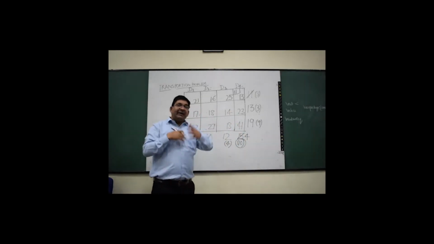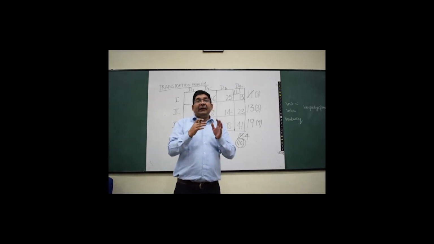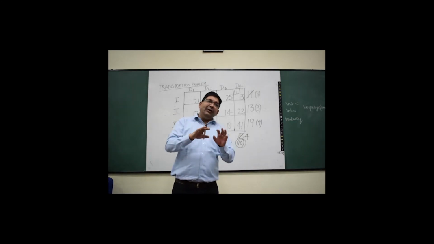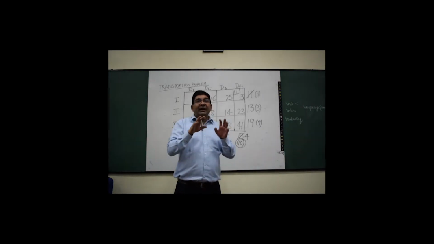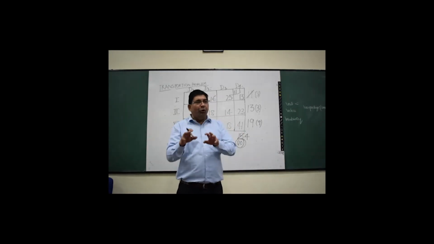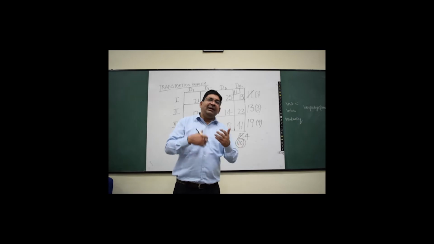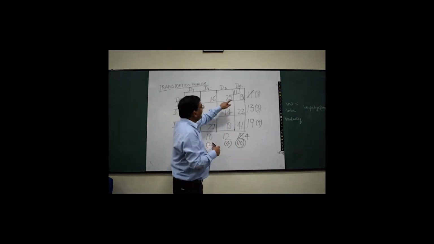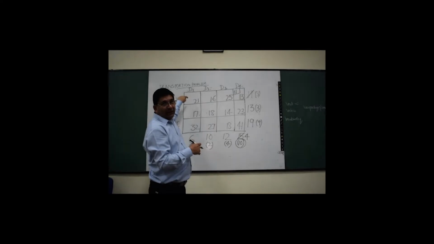In the next calculation, while calculating the penalties again, we'll eliminate the column or row where the availability or requirement is exhausted. So we can see that this row has to be eliminated.